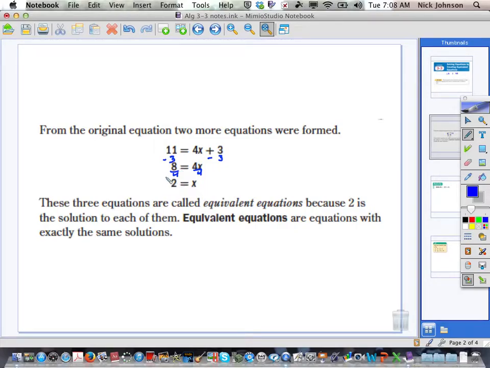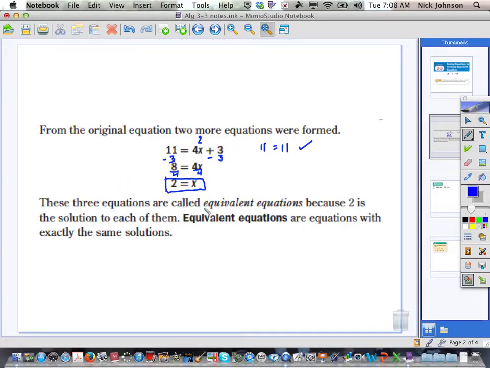So my solution, now that I got x all by itself, is 2. Can you check that? Yes. If I put 2 in here, 4 times 2 is 8, plus 3 is 11. Does 11 equal 11? Yes, that checks out. Therefore, we have a solution to our equation.